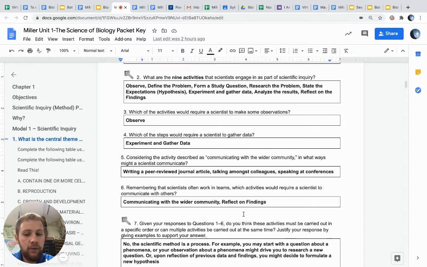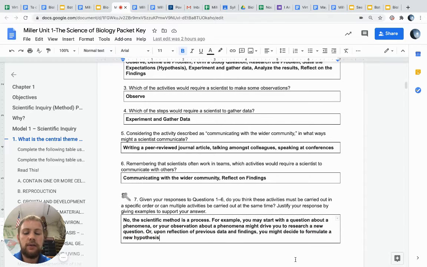You could start with a question about a certain phenomenon, or maybe your observation might lead you to a question, or maybe previous data in another experiment might lead you to a new question and to run a different experiment or formulate a new hypothesis. So there are many different jumping off points for this.